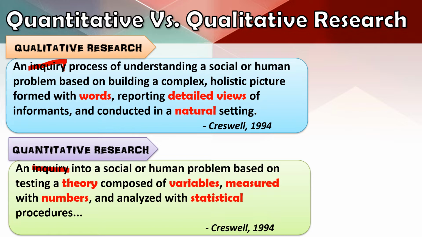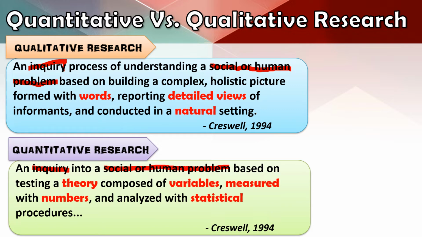Another similarity of the two definitions is that it aims to understand a social or human problem. So again, when we choose a topic, it should be about a social or human problem.